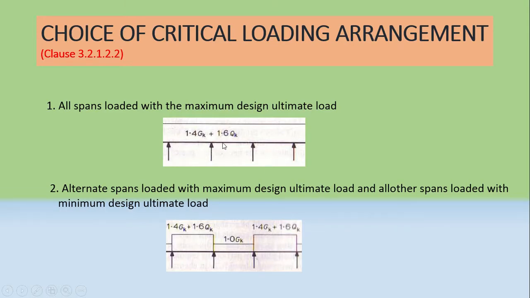Sometimes this beam may be fully loaded, and sometimes it will be partially loaded like that, in alternate spans. These are the spans between these columns. This span is fully loaded and this is not loaded, and this span is fully loaded.